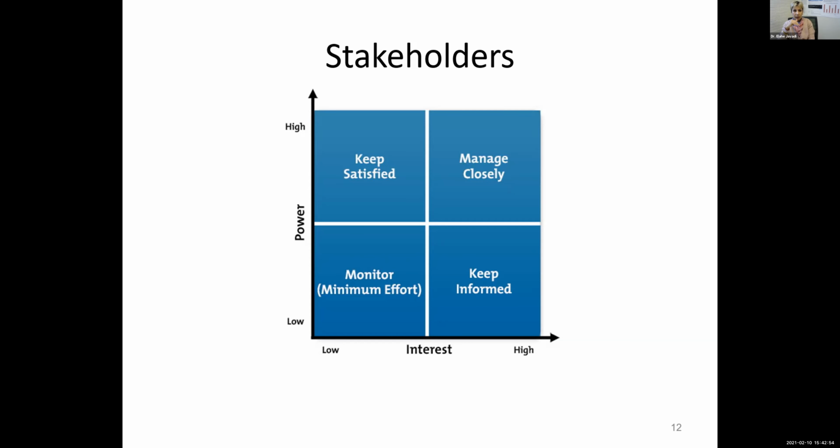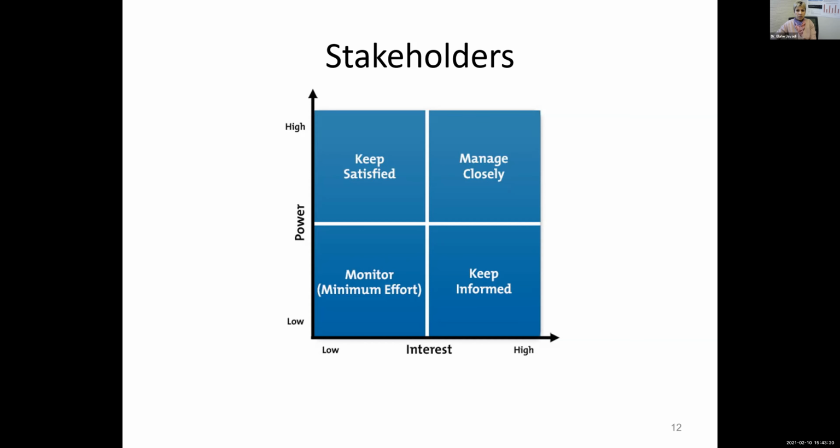So you would do actions to make sure your stakeholders are managed closely or monitored, or in the case of the high interest, low power, they are kept informed. And for those who have low interest, high power, they are satisfied with what you're doing.